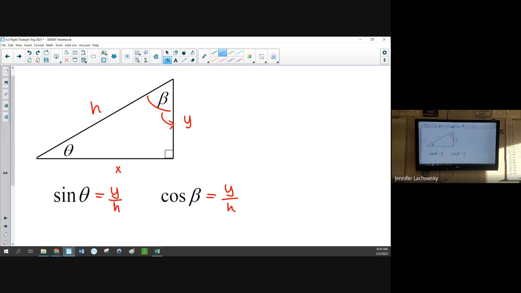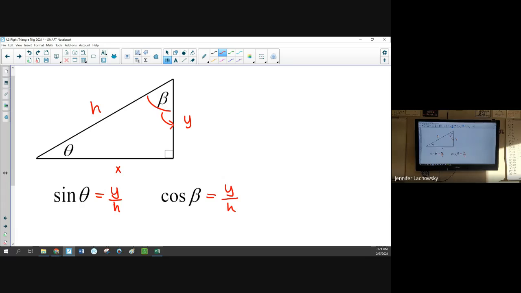True? What relationship do theta and beta have? Are they equal to each other? Probably not. No. We do know one specific relationship they have.